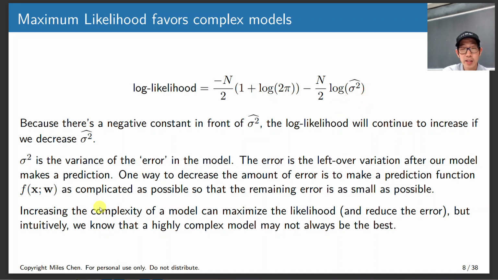Increasing the complexity of the model can maximize the likelihood and reduce the error, but we also know that an overly complex model might not be the best. Basically, sigma squared is your leftover variance, and if you want to shrink that, you can make your model as complicated as you need it to be.